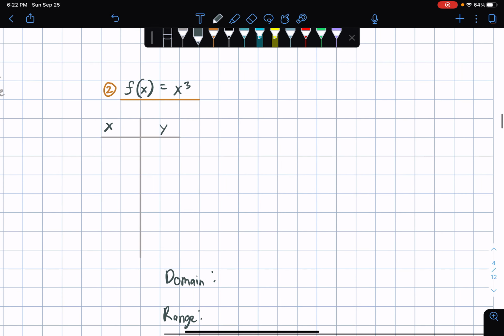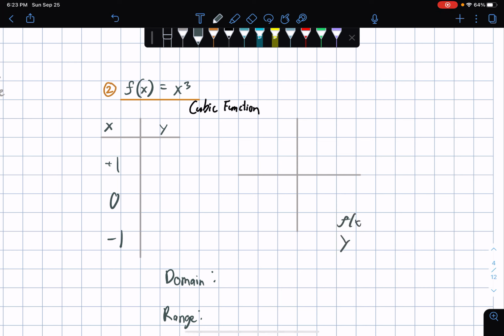So right now, number 2, it's x cubed. This is a cubic function. This is quite different in comparison to a quadratic function and a linear function. But let's graph it. Let's say positive 1, 0, negative 1.